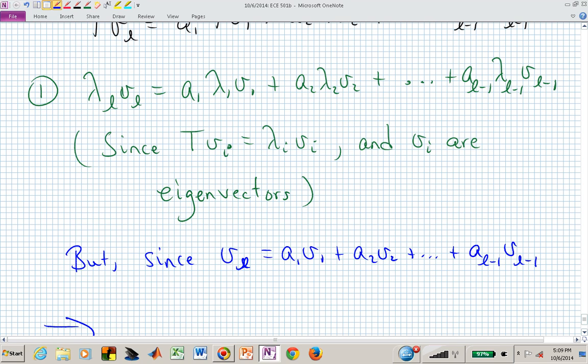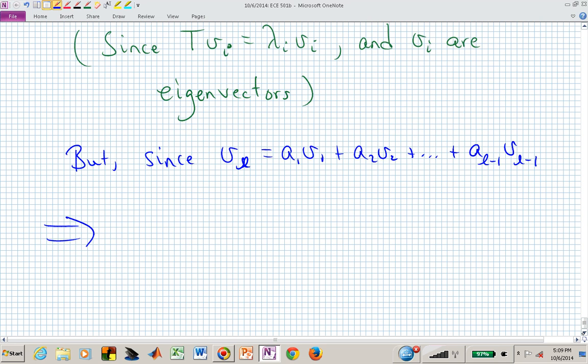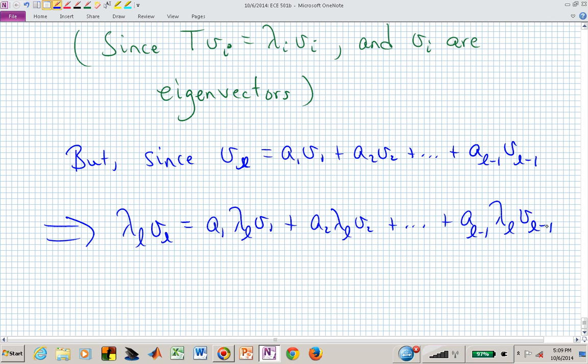In this blue equation, let me multiply all terms by lambda sub L. So that now I have lambda sub L v sub L is equal to a1 lambda sub L v1 plus a sub 2 lambda sub L v sub 2, up to a sub L minus 1 lambda sub L v sub L minus 1.